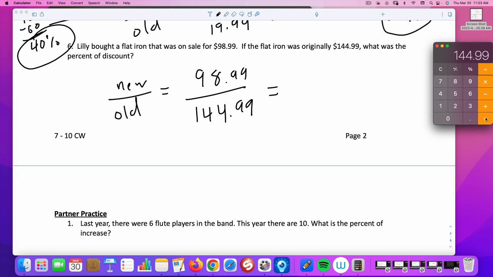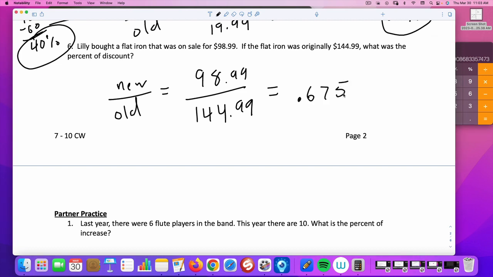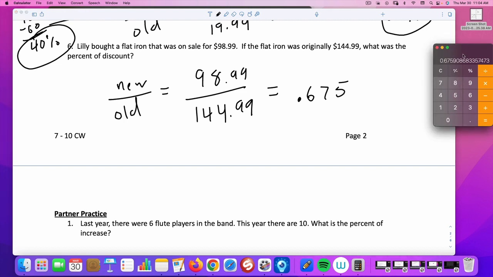I got 0.675, so 0.68. So Jackson, did you put 144 first in your calculator? Do it again and put 98 first. It should be 68%.